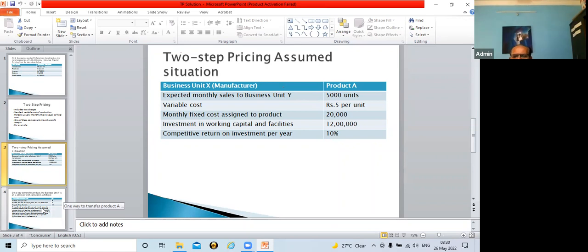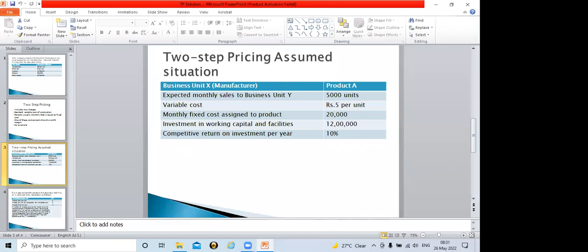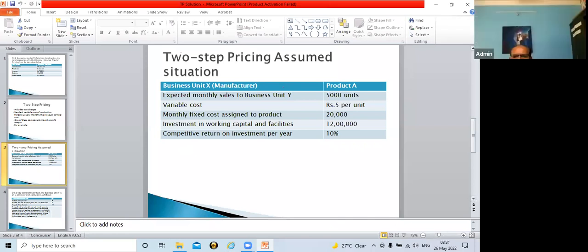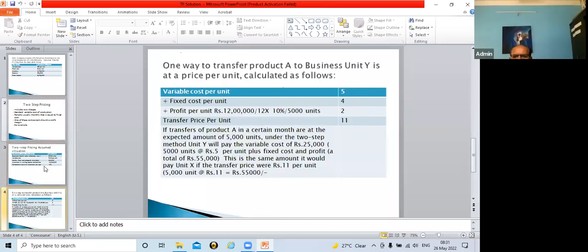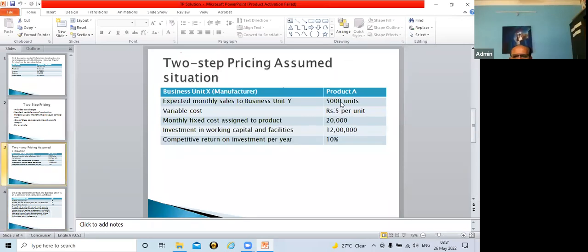Yes, Shubhada. Am I audible? Then what is the per unit fixed cost? 20,000 divided by 5,000. How much is it? Calculate.